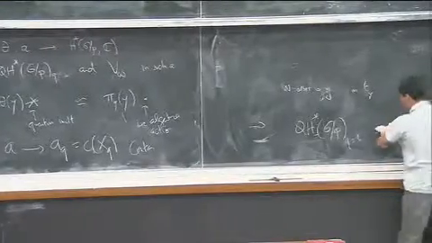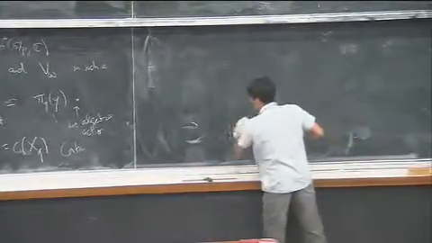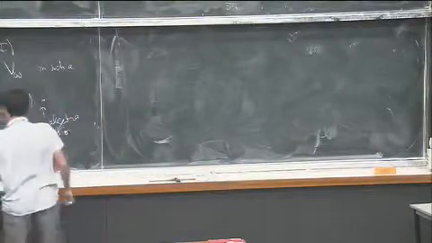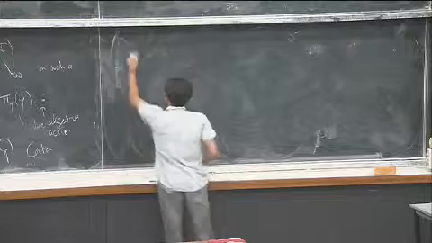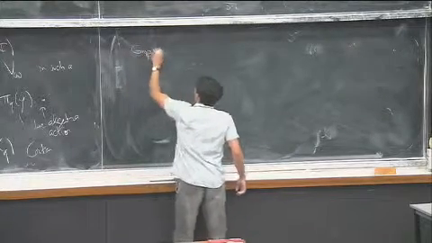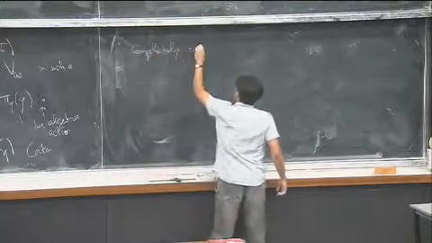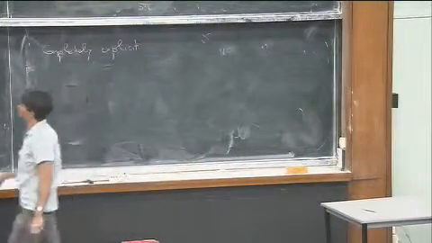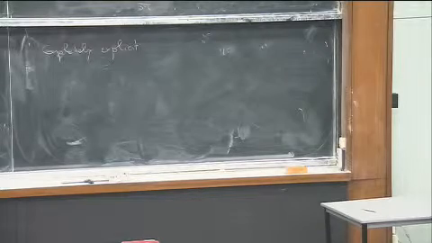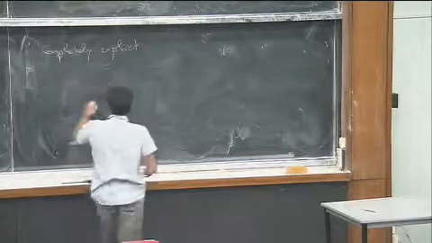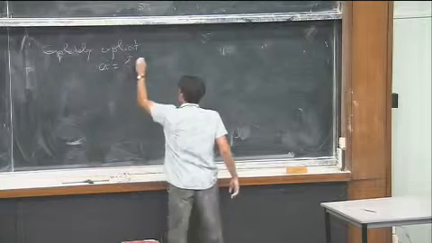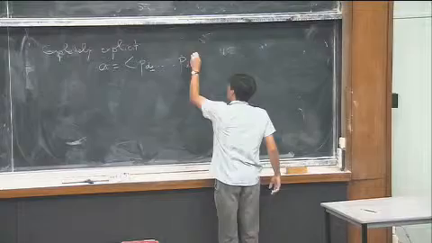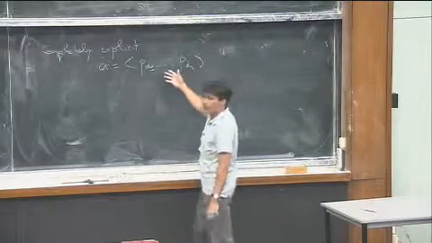And maybe to conclude, I want to say that this is completely explicit, actually. This A is graded in some way. There is a natural grading: it is generated by some classes which have natural degree.